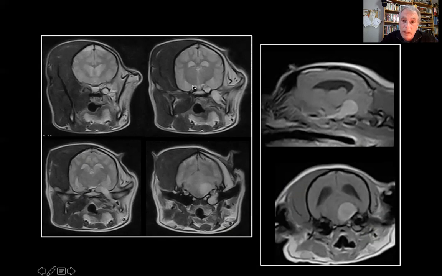As we progress caudally, we are at the level of the round foramen, and we see the mass here in the parasellar region. Progressing caudally at the level of the oval foramen, where we see the dorsum sellae, is where the mandibular nerve exits, so it is affected as well.